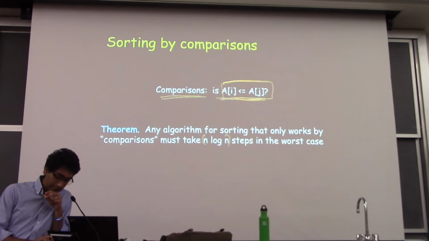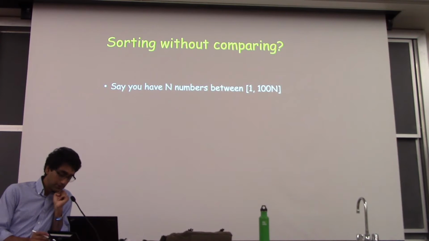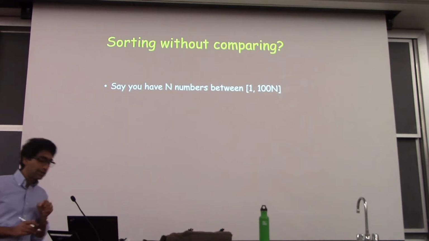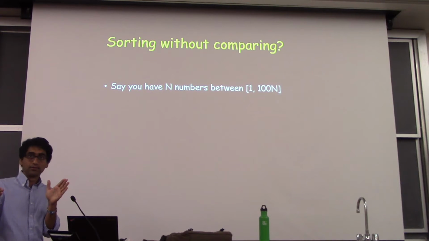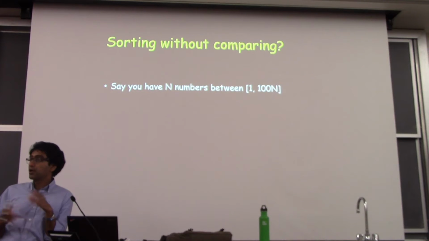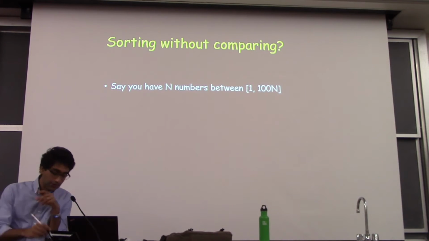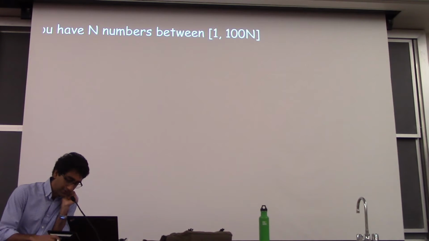And we saw that otherwise you could do things that are smarter, right? So suppose I tell you that I give you n numbers between 1 and 100n, okay? And I ask you to sort them. So I guess all of you would have done this.